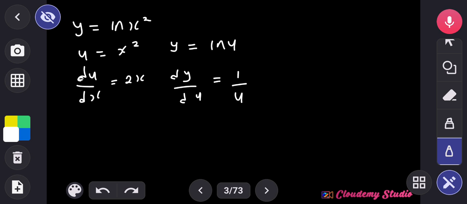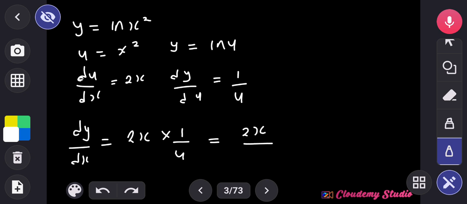Therefore, our answer is going to be dy upon dx is 2x multiplied by 1 over u, and that's going to be 2x divided by x squared. Therefore, I can use one of the x to cancel x here, and our answer will still remain 2 over x. You understand?